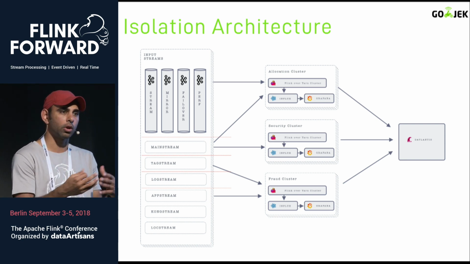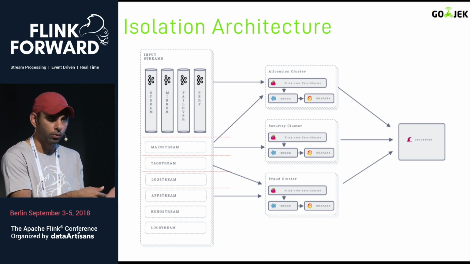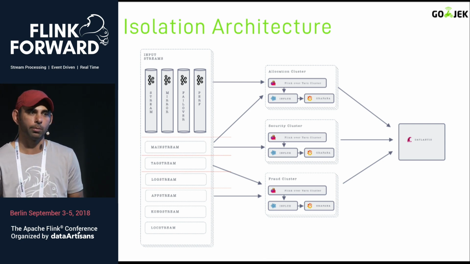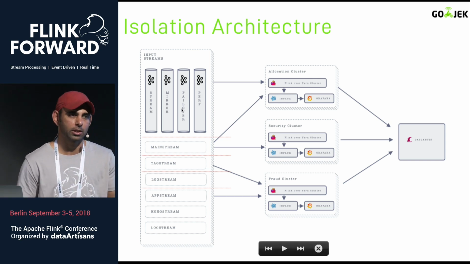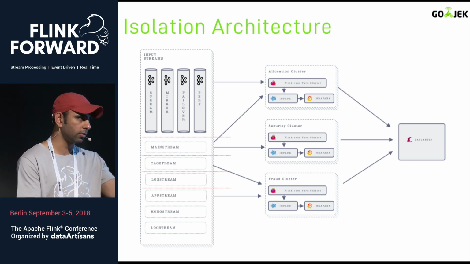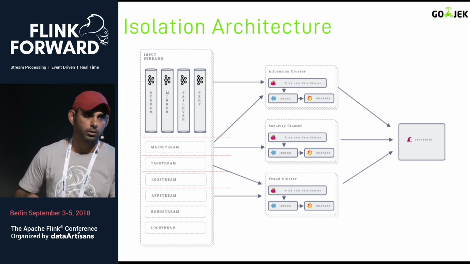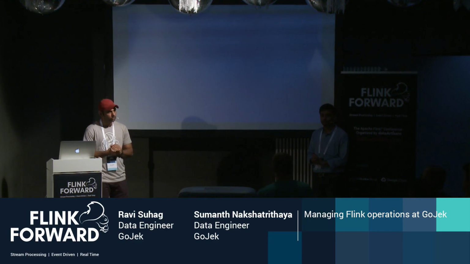So if the 7 days of retention from the main cluster is not enough for you, you can listen from the mirror in that case as well. Similarly, we have the same for failover and performance testing. So that's one case. And even if that is not enough, then as Sumanth mentioned, we have data stored in the cold storage.